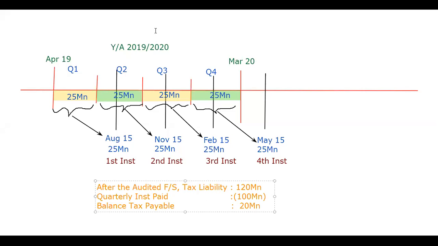Then I'm going to draw that one as well. Here there is a balance tax payment. They need to pay this balance, and they have time until September 30.